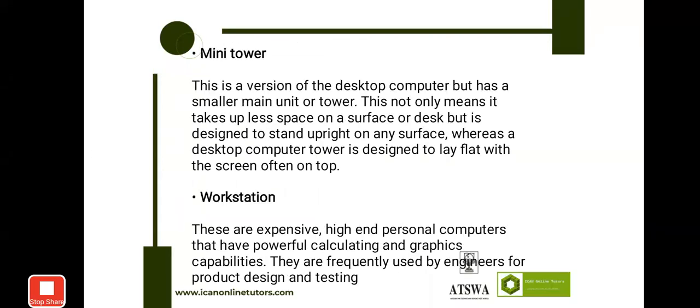We have the mini tower. Now this is a version of a desktop computer, but has a smaller main unit or tower. This not only means it takes up less space on a surface or desk, but it is designed to stand upright on any surface, whereas a desktop computer tower is designed to lay flat with the screen facing up.